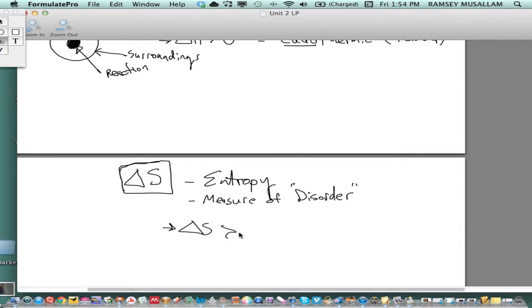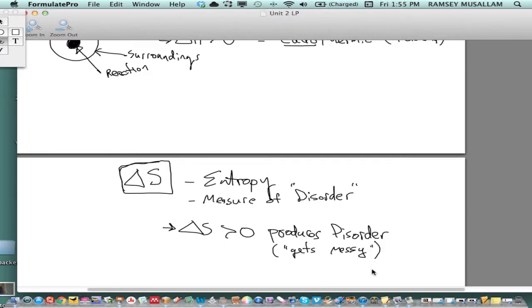So if delta S is greater than 0, that means that entropy is positive. So that means the reaction produces disorder. And here's the way that you can also think about it: the reaction gets messy.